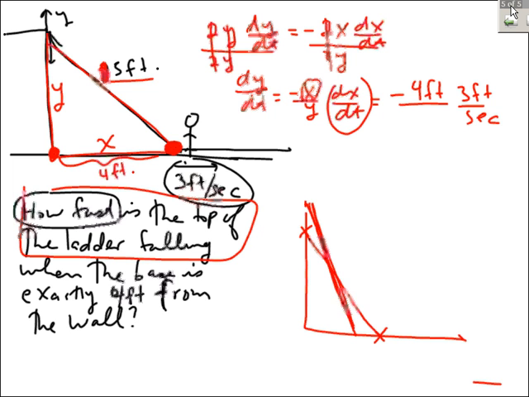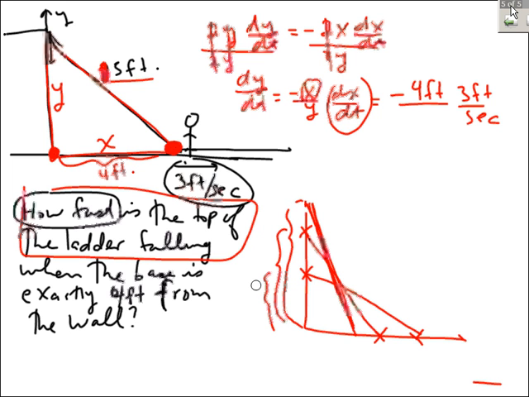And then sometime later, the ladder has fallen some more. So all I'm saying is y is not constant. Maybe here it was 10, and then it was 8, and now it's 4. Y is changing. And the ladder's falling down.